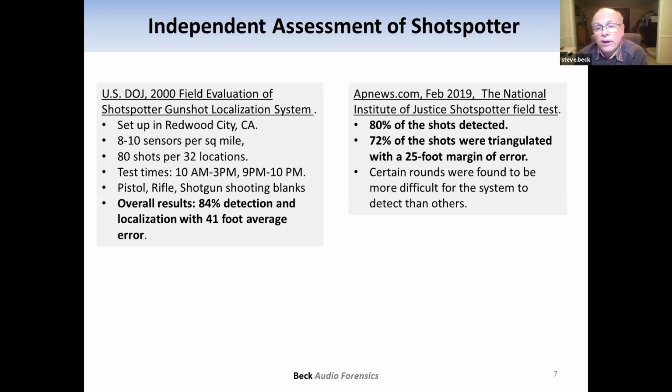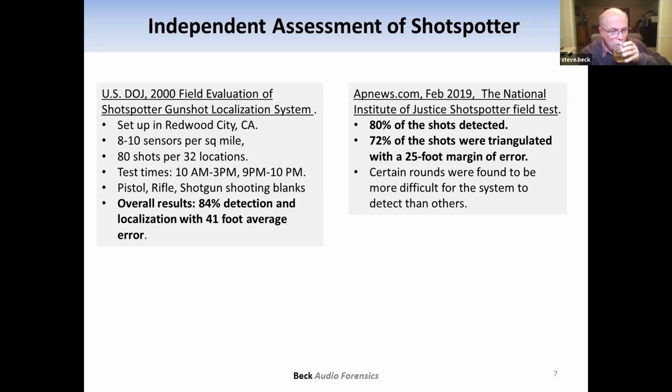And then in 2019, I found that the National Institute of Justice did a field test, and they found 80% of the shots were detected and 72% were triangulated within a 25-foot margin of error. So, these are different tests that are done. How meaningful are they? Well, everything depends upon all the reflections and all the other acoustic properties.